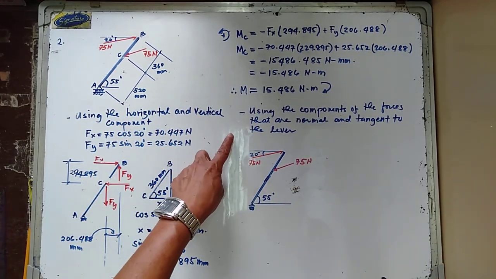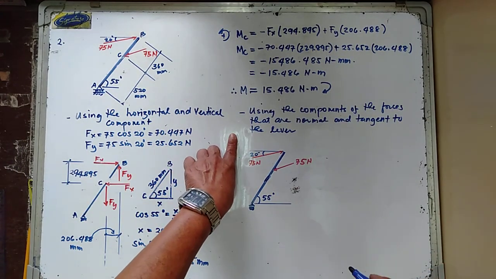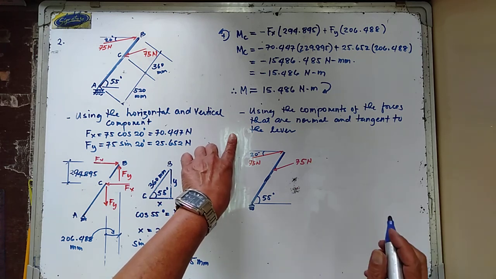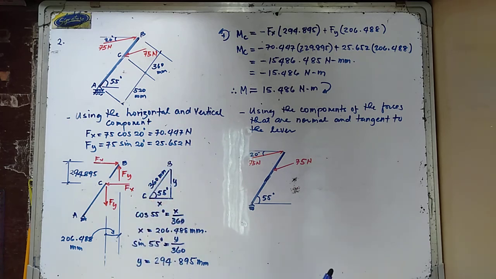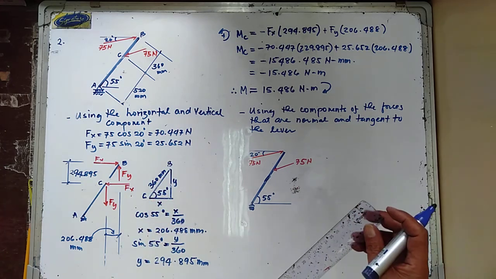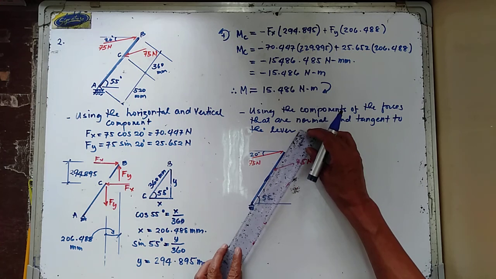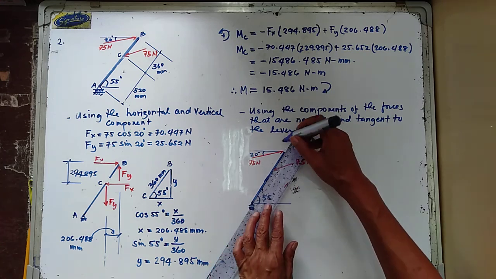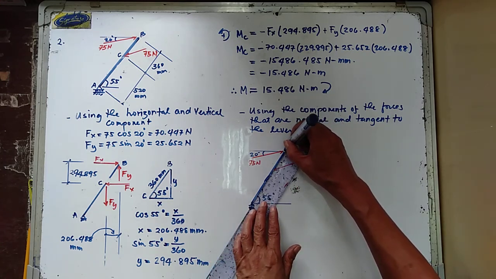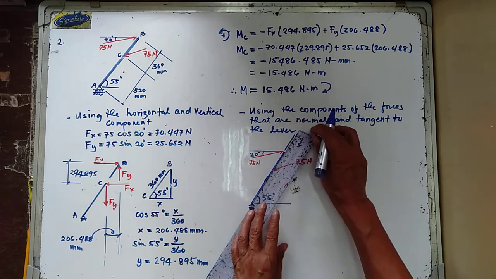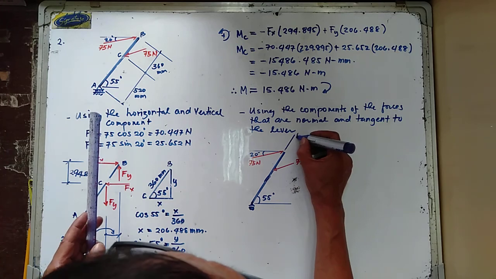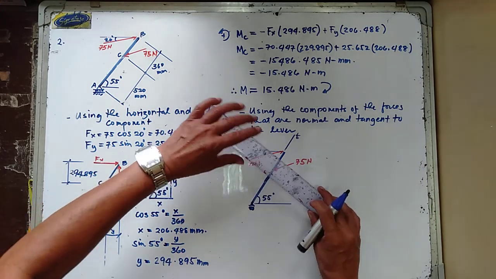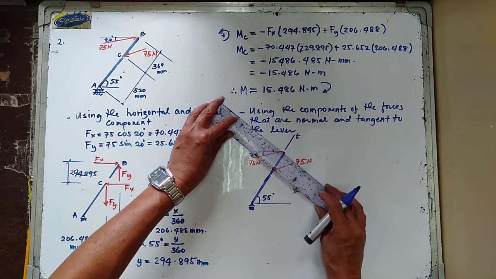Next, using the components of the forces that are normal and tangent to the lever. Okay, so let us try to consider. This is now tangent to the lever. So this is now axis T. And normal is perpendicular to the lever.